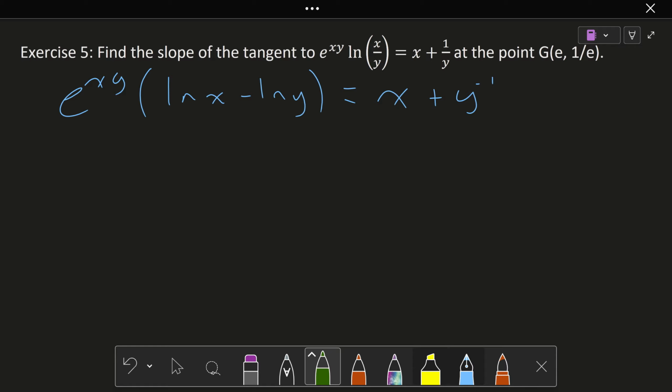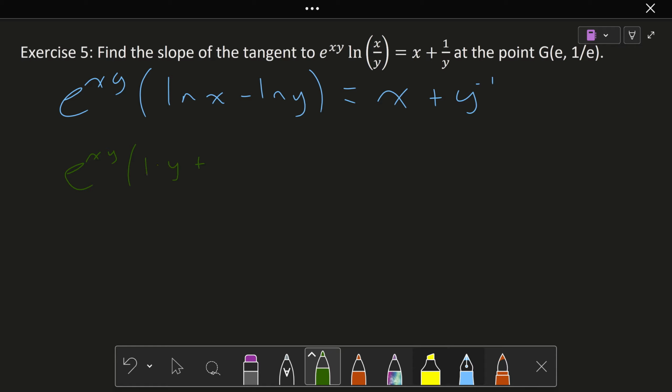Okay, so let's take the derivative of this. When I'm taking the derivative of e to the power of something, the first thing I do is write down what it was, e^(xy). Then I times that by the derivative of my exponent. Now the derivative of my exponent is using a product rule again. So I have a couple of product rules in this derivative, and I'm just taking things one step at a time. The product rule says derivative of the first part, which is x, so that's going to be 1, timesing that by my second thing, which is y.